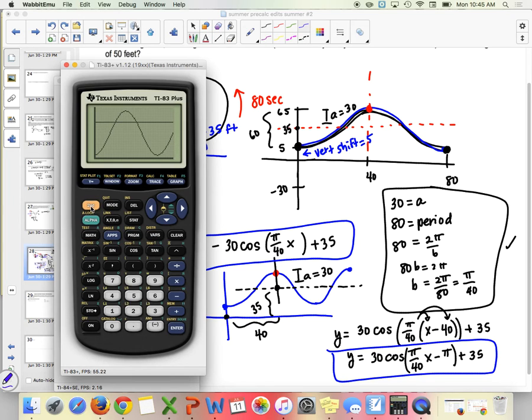So let's find these first two. I'm going to do second trace, intersect. And I go along there. As long as you're right there on top of it, enter, you can enter again, enter. So it says at 26.6 repeating, and then also over here at 53.3 repeating.